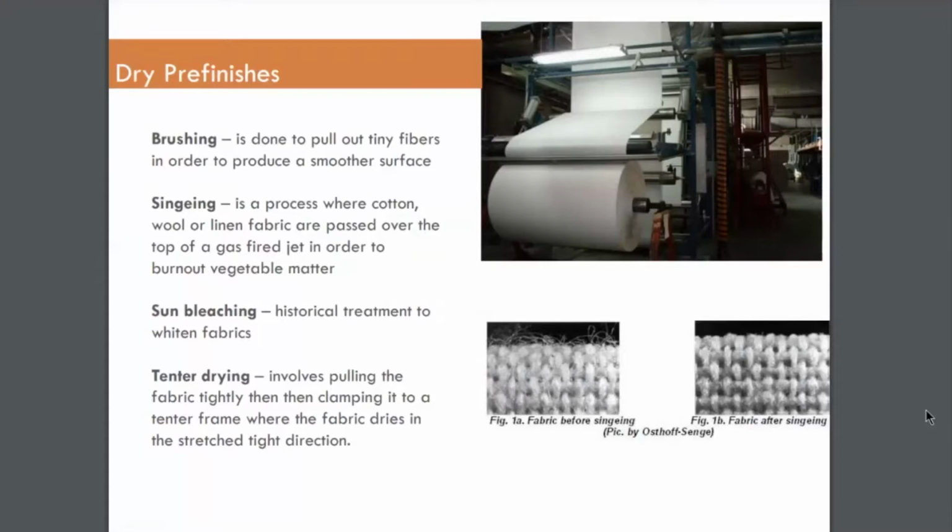The term singeing. Singeing is a process where cotton, wool, or linen, so note that those are natural fibers, are passed over the top of a gas-fired jet in order to burn out vegetable matter. I like the diagram on the left and the right.